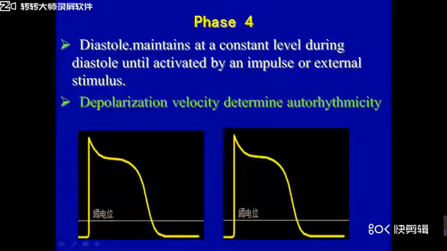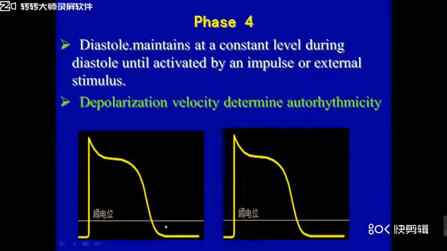Do you remember you have studied this in physiology? Phase 4 for cardiomyocytes and autorhythmicity. Two channels are very important in phase 4. One is the sodium channel. For atrial or ventricular myocytes, the fast sodium channel is the major channel determining autorhythmicity.